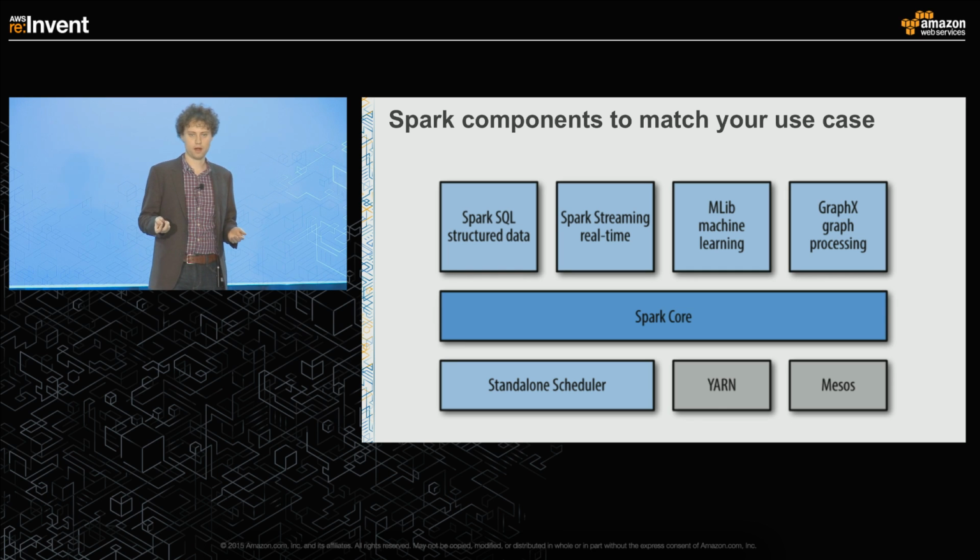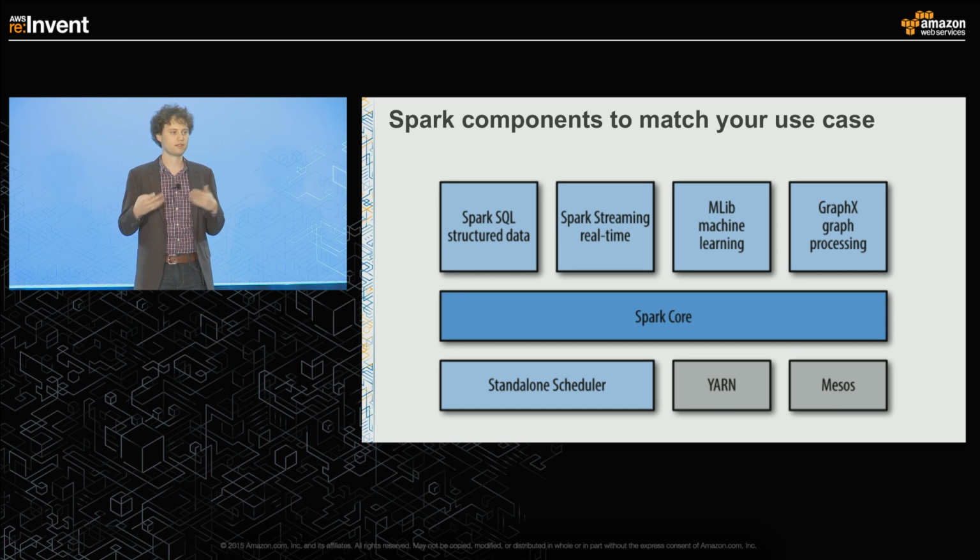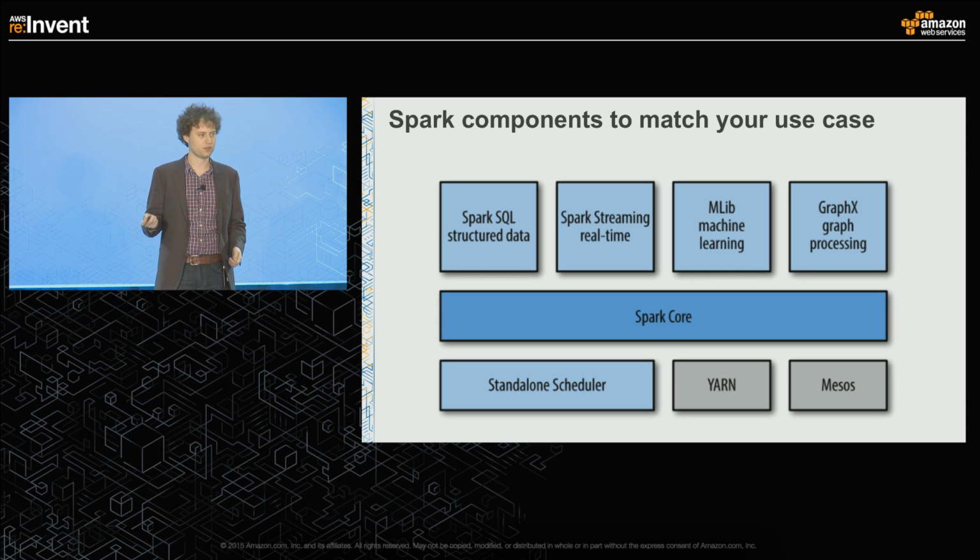Next, we see Spark being very popular, and as many of you have been using it, you probably use some of these components too. It has a lot of tightly integrated components allowing you to address a variety of different use cases with Spark. At the core, it's the Spark core execution engine. That's a generalizable execution engine. But on top of that, there are a bunch of libraries that you can use for things from streaming use cases.